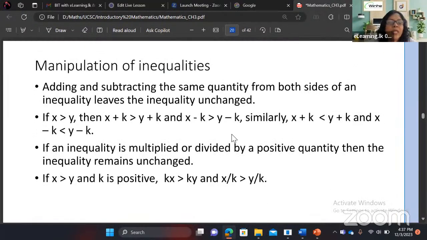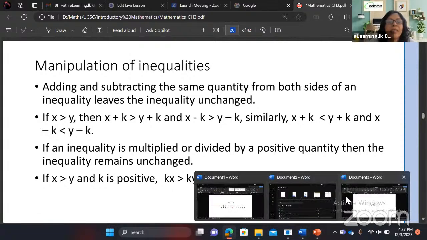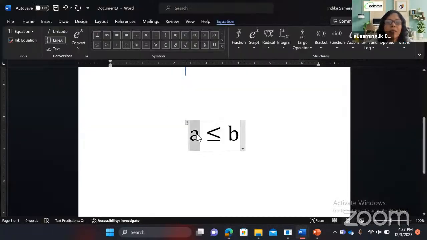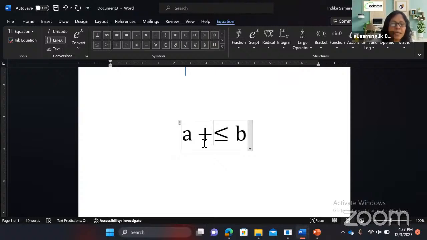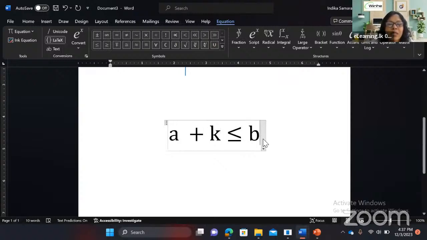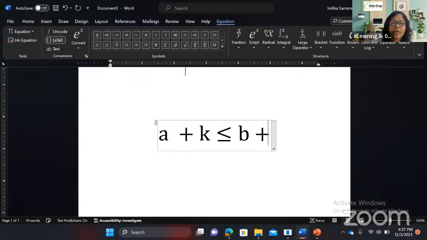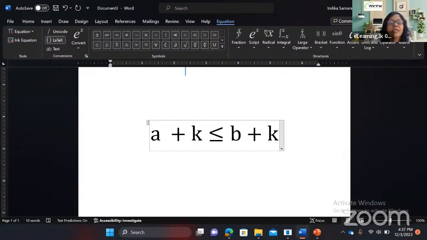Now, when you are using inequalities, you have to keep in mind this one, right? Assume that you have the number 4. We will keep it as A. Assume that a value less than B is equivalent to A. If you add a positive value to one side, it will not change the inequality sign.